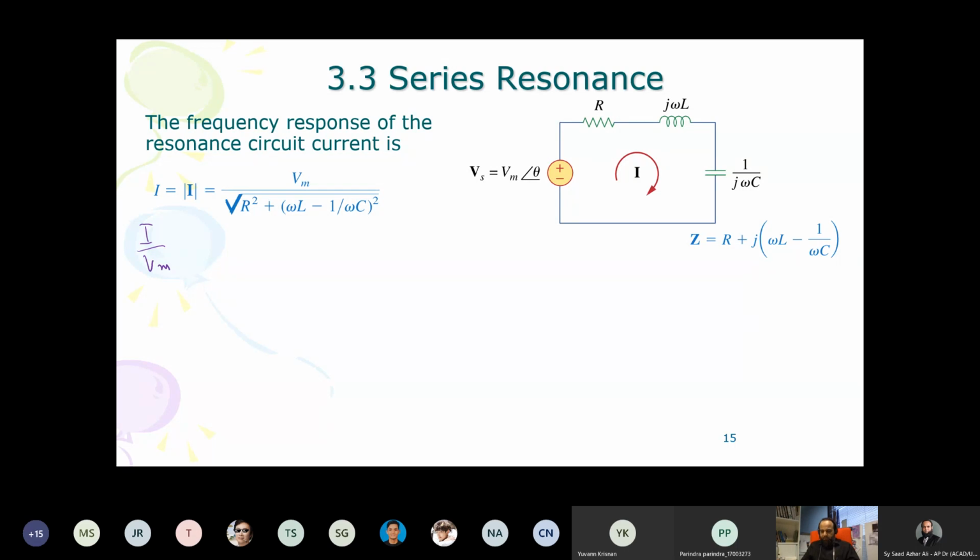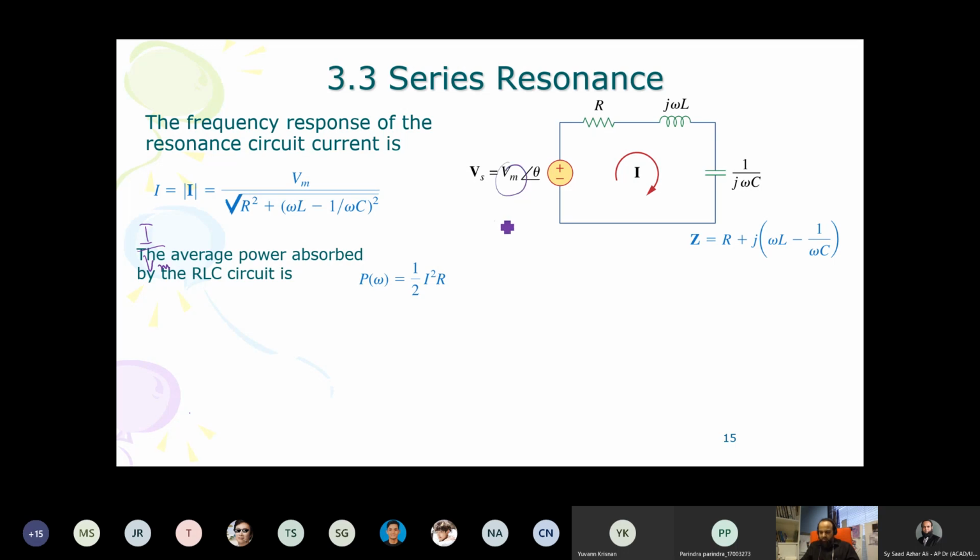Since the omega L and 1 upon omega C will be cancelling out, the average power will be half I squared R, and the highest power will be happening when Vm is maximum.